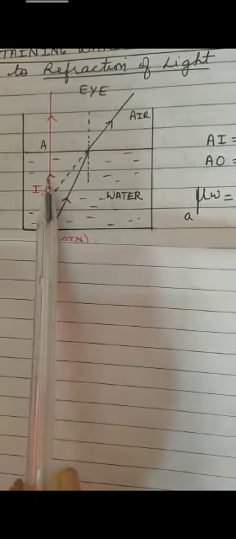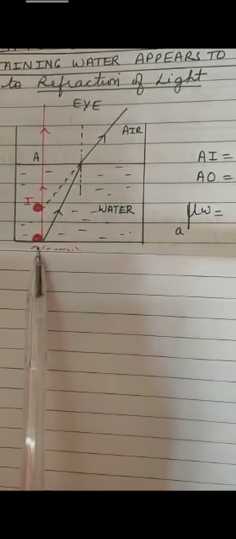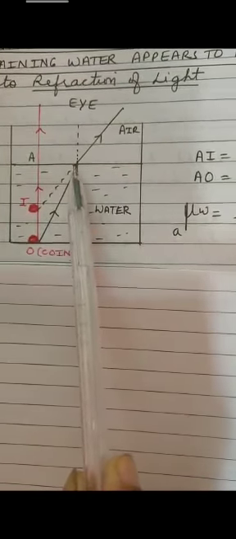Because the ray of light is incident normal to the surface of separation, the ray moves undeviated. That means the angle of incidence is 0 degree and the angle of refraction also will be 0 degree. The second ray again we are going to take starting from point O and make it incident at a certain angle onto the surface of separation.